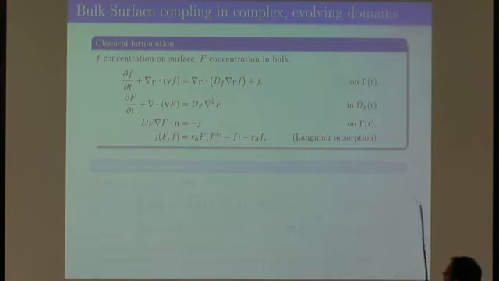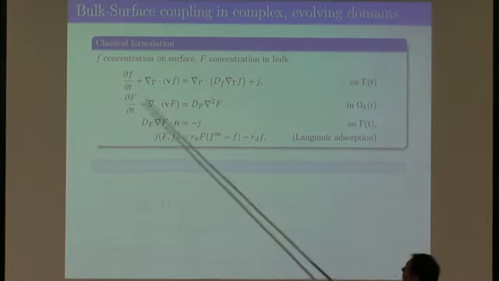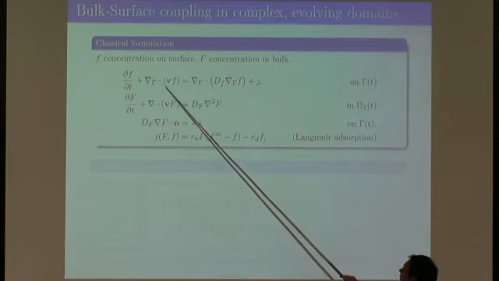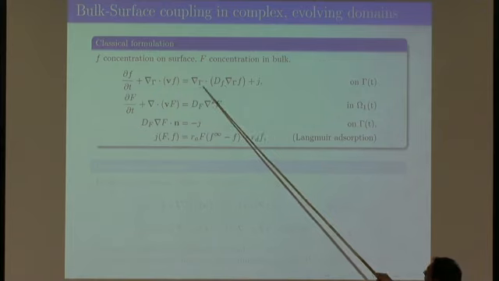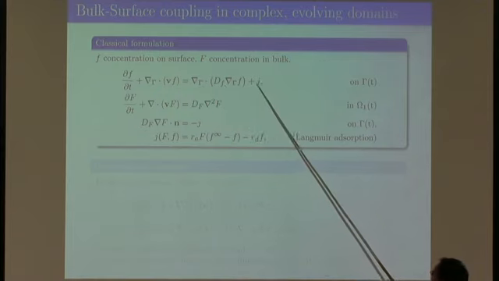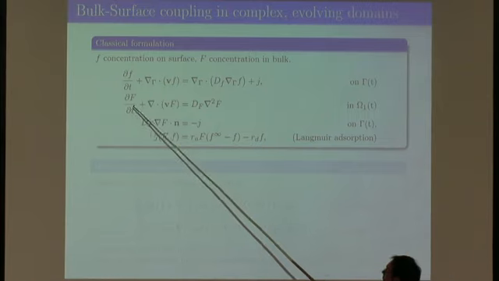And then, coming from mass balance, you could write down the governing equations, which are basically that the small f is advected along the surface and diffuses along the surface. And there's an additional source term coming from the adsorption of these molecules from the bulk to the surface. And for capital F, you have a similar equation.